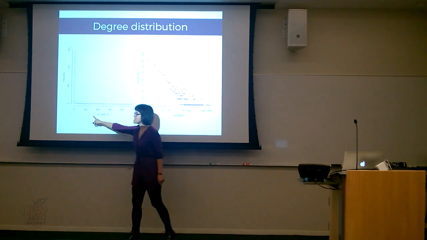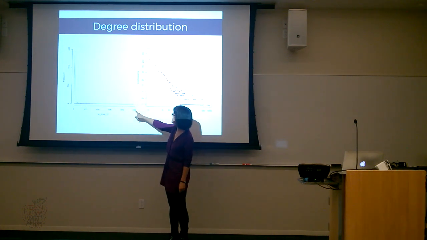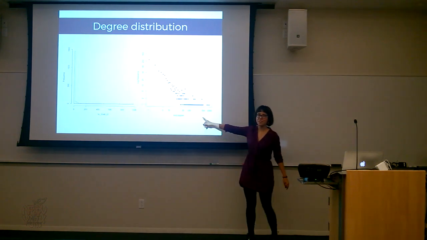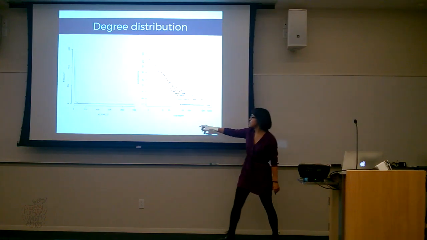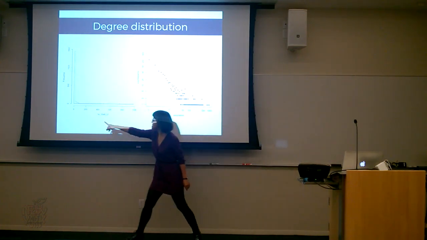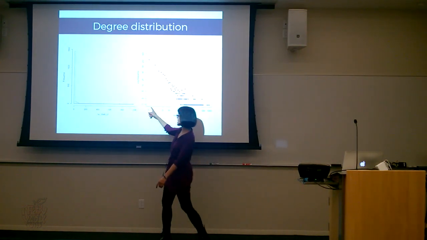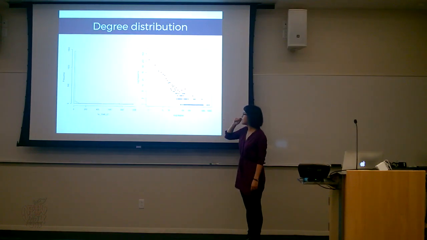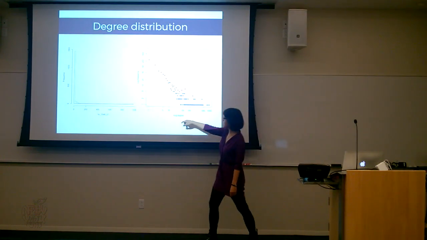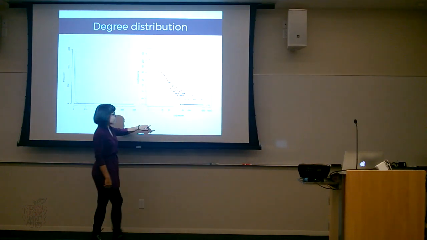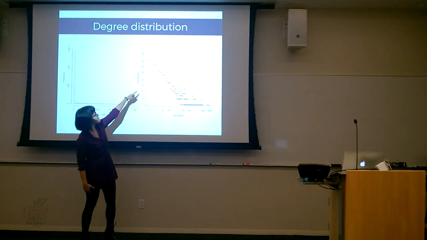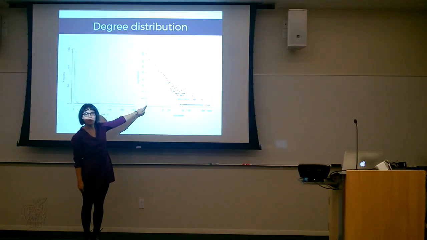This is the histogram of in degrees. And this is the same thing on a logarithmic scale. That means it's just the same values here, but they are scaled logarithmically. And you can see that there are many nodes that have very small degree.